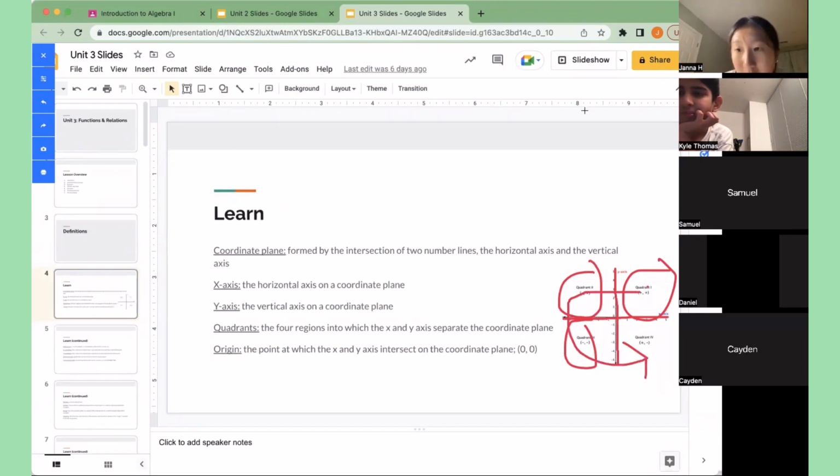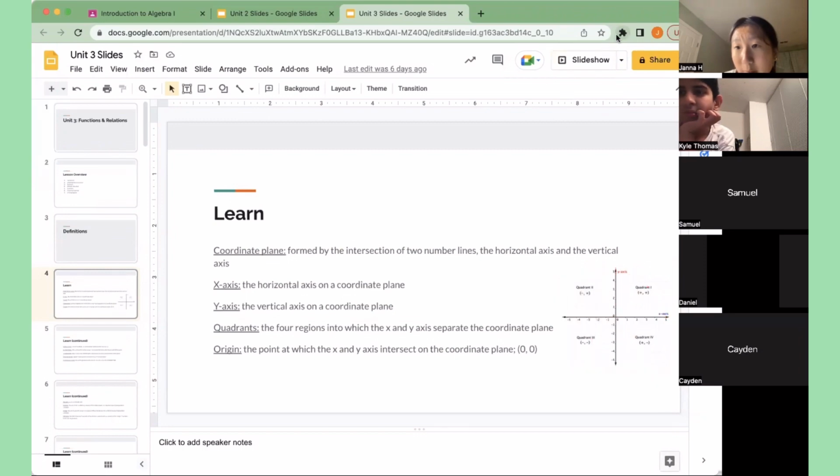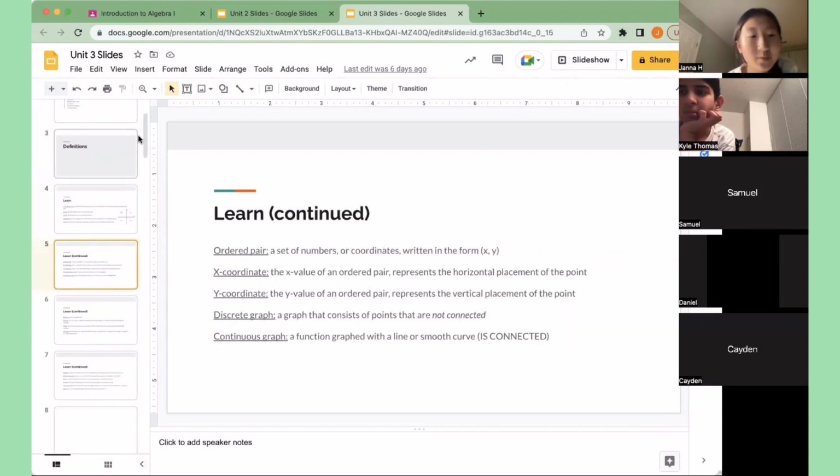And then the origin is the point at which the x and y axis intersect, which the coordinates are 0, 0, so it's here. And again, this is very basic, so you probably should know this, but if you don't, that's where we're reviewing it.